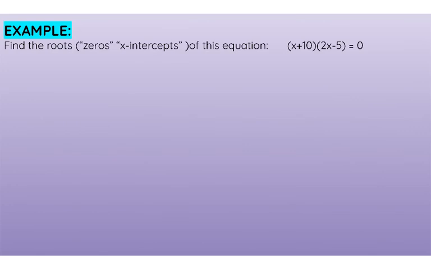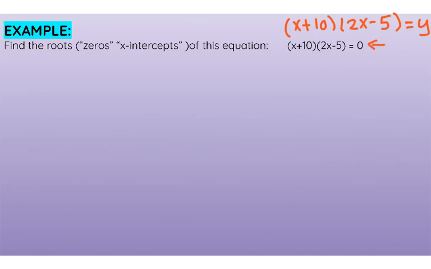We know that when we have an equation and we factor it, this was factored to x plus 10 times 2x minus 5. I didn't make us factor today. That's already factored for us. We know that if that were in the standard format, it would be equal to y.